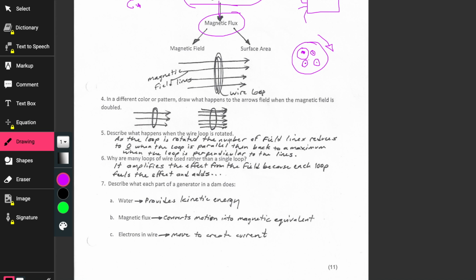Describe what happens when the wire loop is rotated. So if I take this loop, this is one way we can do this. There's many ways. If I take this loop and put it on a spinner, and I can cause this end to go like that, and this end to go like that.